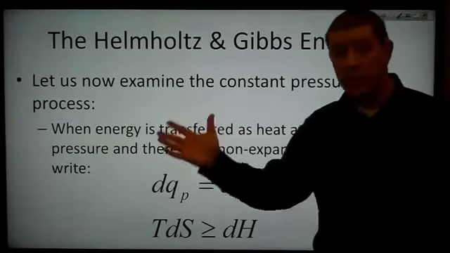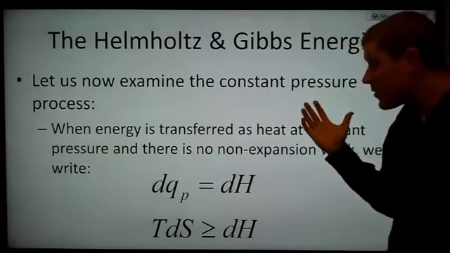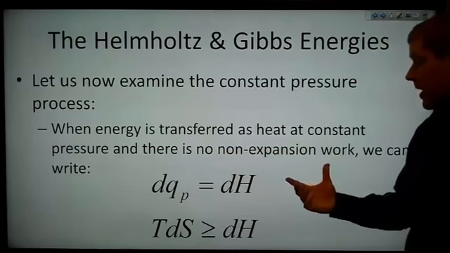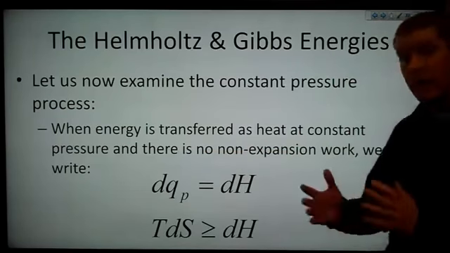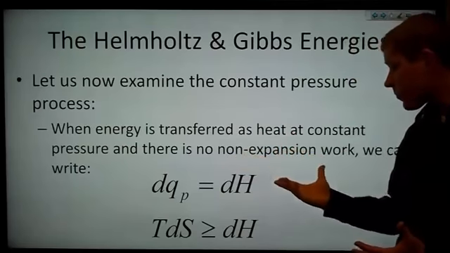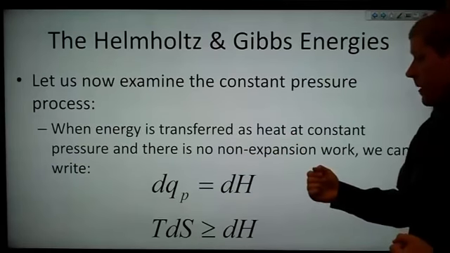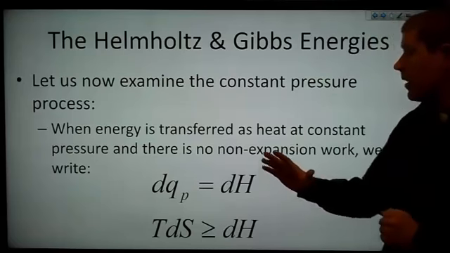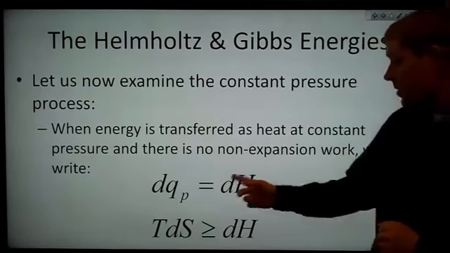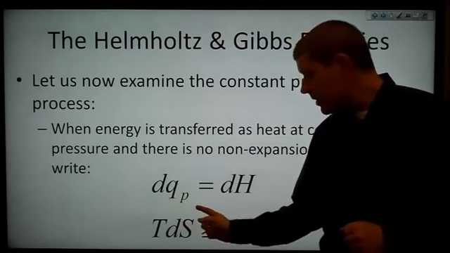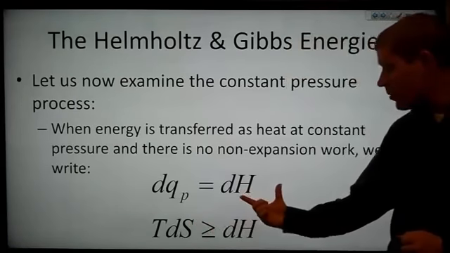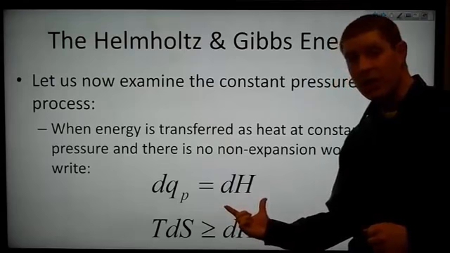Right. So that was for the constant volume process. Now let's look at the constant pressure process. So if energy is transferred as heat at constant pressure, and we're not allowing any non-expansion work, then we can say that the heat being transferred at constant pressure, dQp, is equal to some infinitesimally small change in enthalpy.